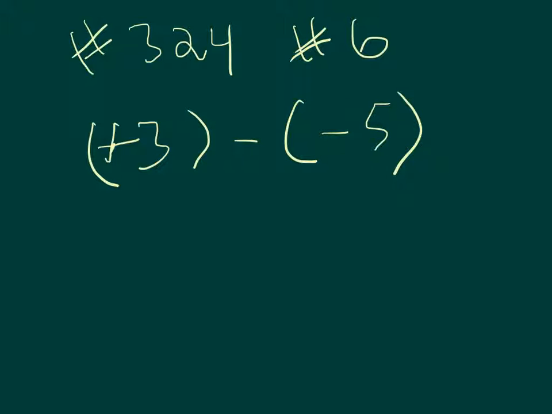So let's start with putting our positives down first. So positive 3, 1, 2, 3. And of course, it's asking us to take away something we don't have. Take away negative 5. Well, I don't have any negatives here. So how many negatives do I have to add? Well, I'm going to add 5 of them.